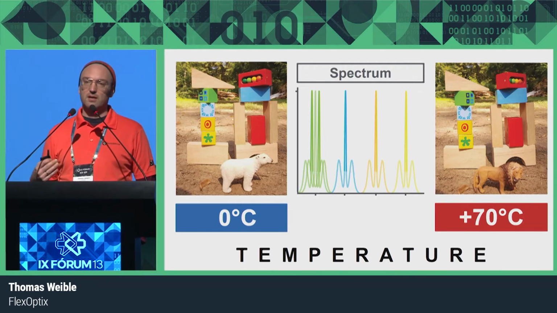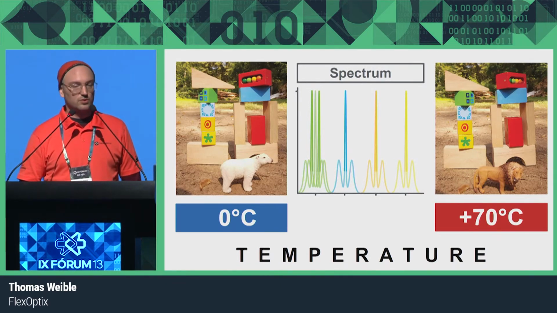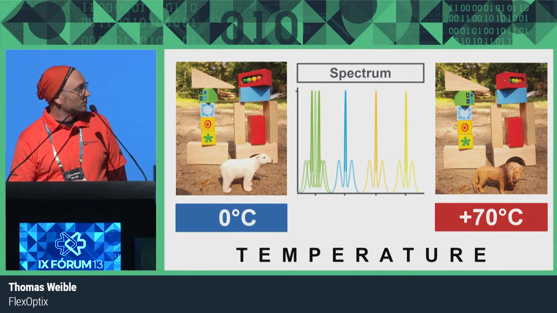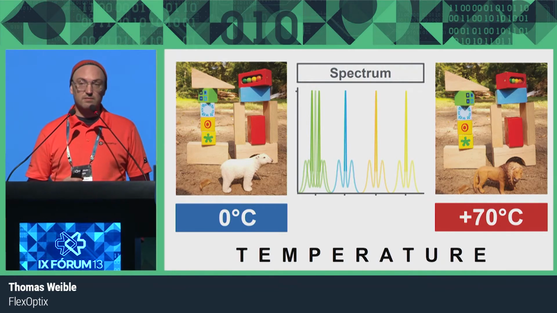Now, if instead of just temperature, we also add time to that test case, it will look totally different. We start at room temperature, cool it down within 30 seconds to 0 degrees, and allow the transceiver another 30 seconds to stabilize the wavelength, and then heat it up to 70 degrees within 60 seconds, do the measurement, and give the transceiver only 30 seconds to stabilize.